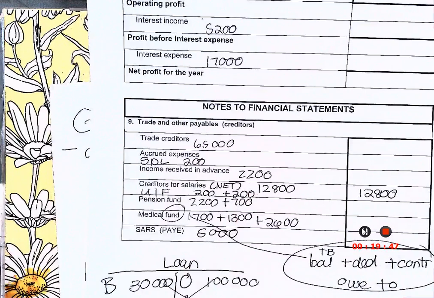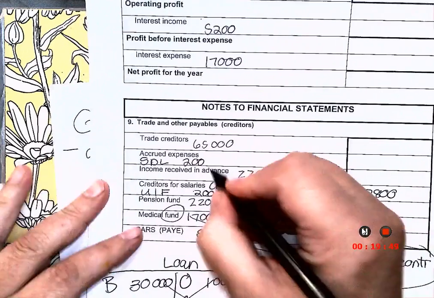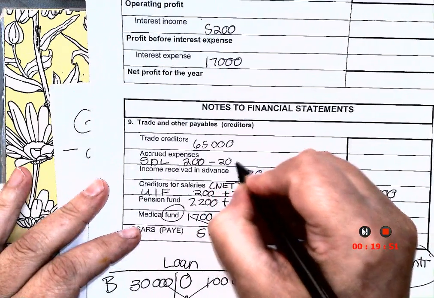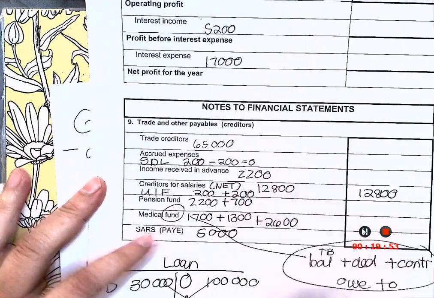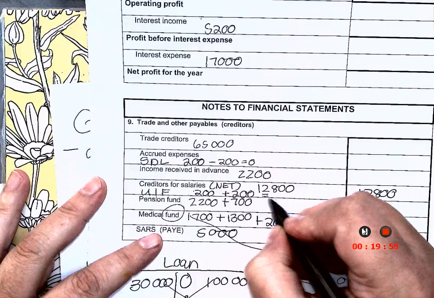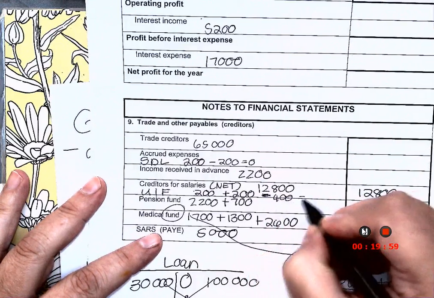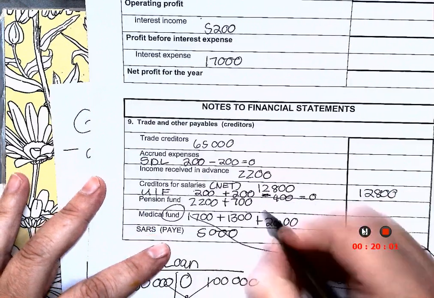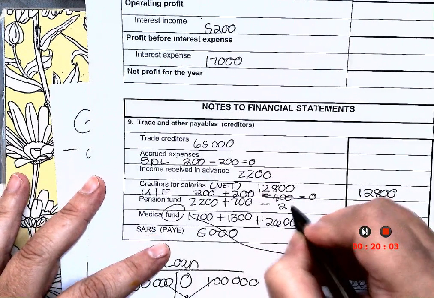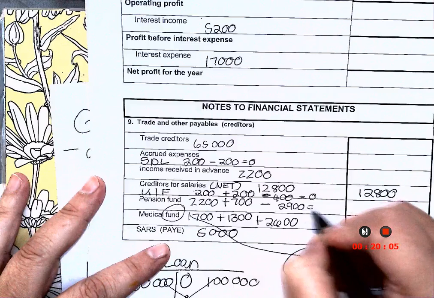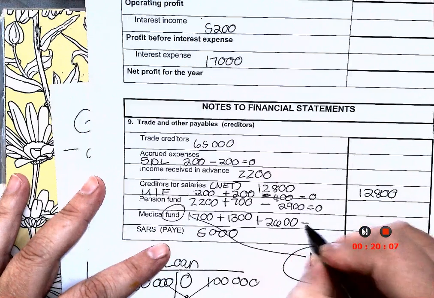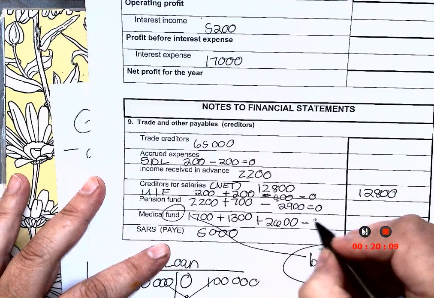But can you see, all the other payments were made, meaning I did pay the SDL. I did pay the UIF. I did pay the pension fund. I did pay the medical aid.